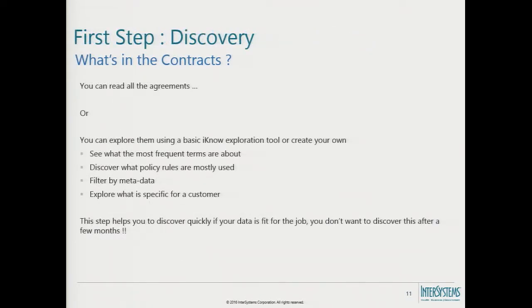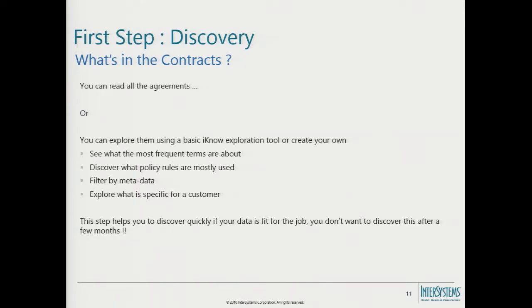So, for example, with our use case, if you want to read all those financial documents, the first thing you need to know, well, what's in the contract? If I start a project with those financial documents, I need to start discovering what's in there. So I can, of course, read all those documents, or I can use the different ways that INO provides us to do queries on them.